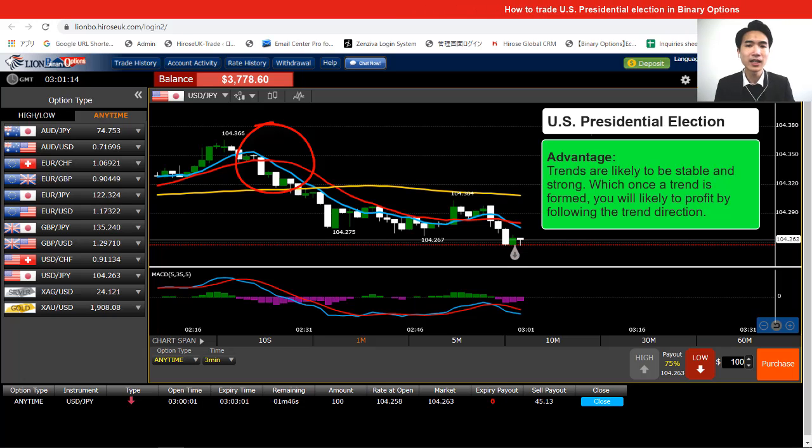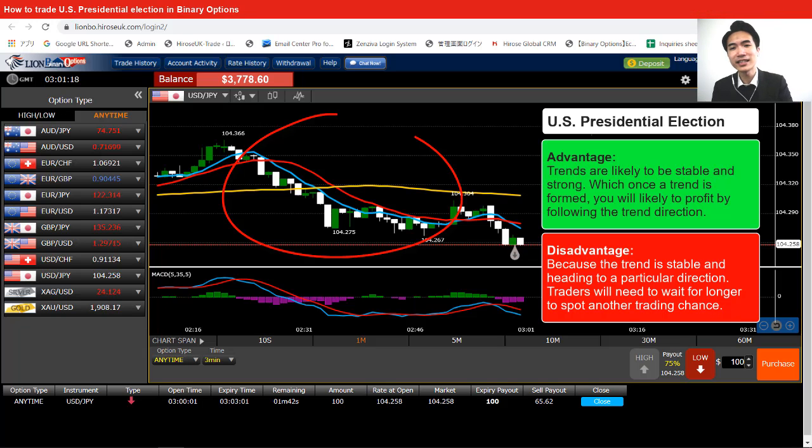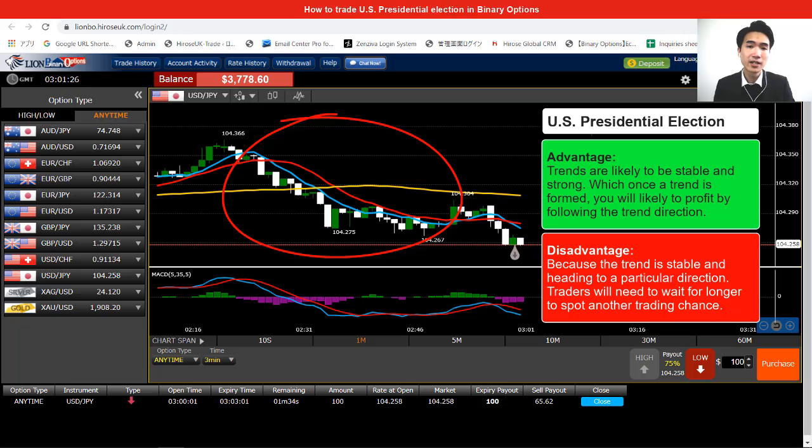But that is actually the disadvantage as well, because the downward movement continues for quite a long time. We are using a 1 minute chart here, so each candlestick equals 1 minute, and that is almost 20 minutes there.